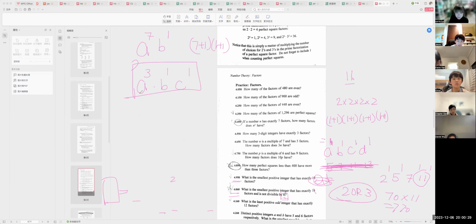Okay, so let's take a look at all the possibilities. So if it is a to the power 7 times 3, sorry, 5. There's no need to be 5. Okay, no 3. So it's 640.